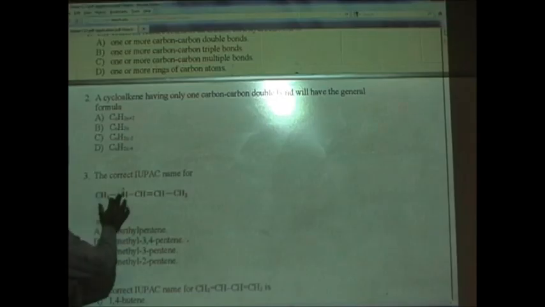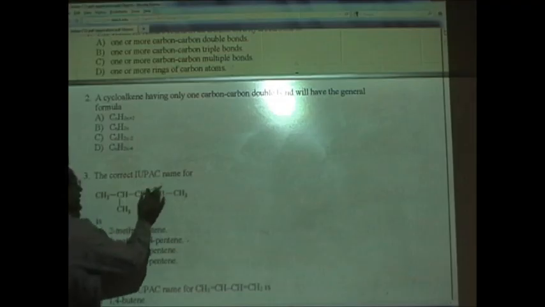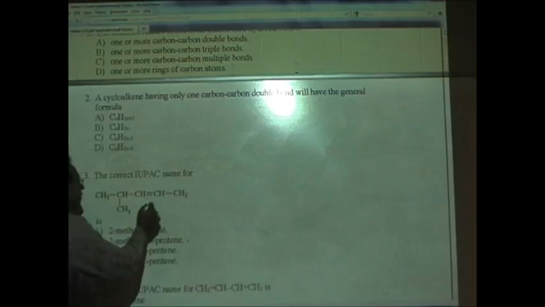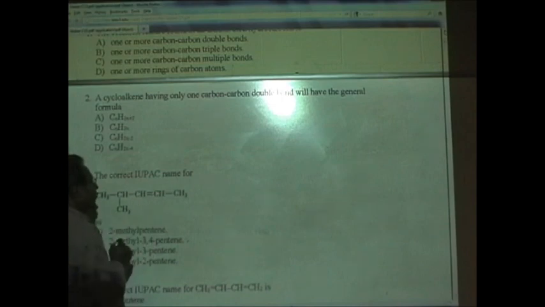Longest chain is 1, 2, 3, 4, 5. It's a 5-member chain. Now, which way do we label the carbon atoms? Number the carbon atoms. But now this gets the priority. The carbon-carbon double bond is more reactive, right? Let it get the priority. So these carbon atoms should get the lowest number.